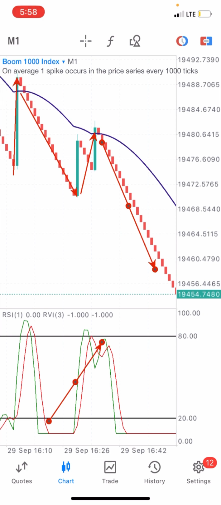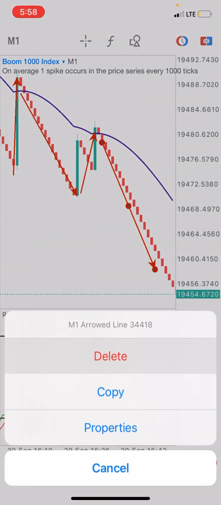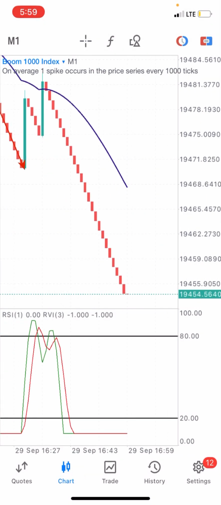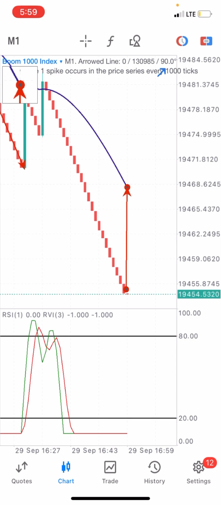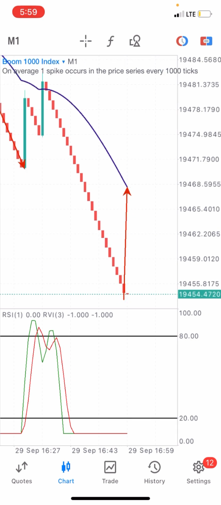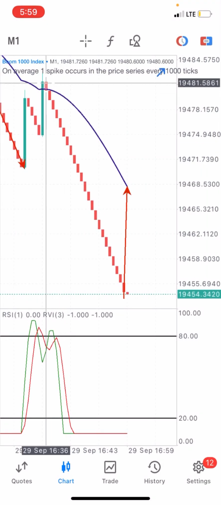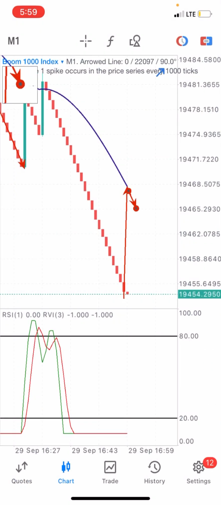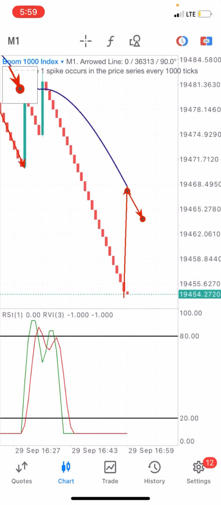Then you wait for price to come below. Remember I said there's a spike into this moving average, you need to wait for a reversal from that area. Okay, wait for a reversal, something like what we have here, all right. So wait for a reversal from that area and then allow one or two candlesticks to close successfully.